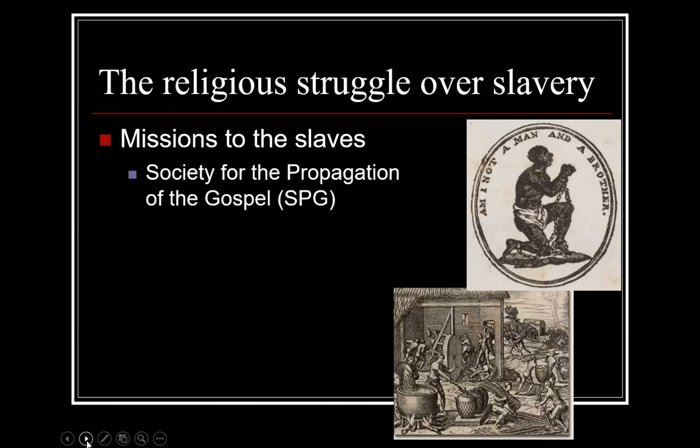And so that was a widespread presence. And after the Revolution, of course, the SPG started to decline in the colonies because its charter was only for British colonies. So when the American colonies are no longer British colonies, of course, it declines.